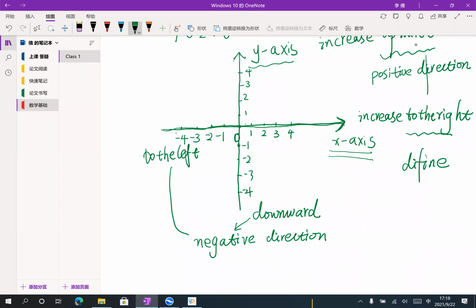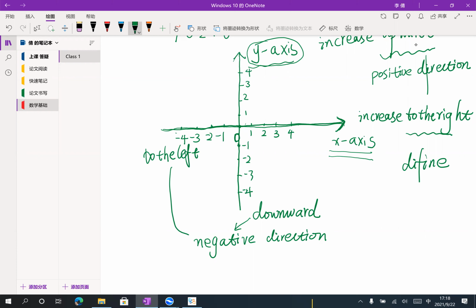Okay, and we draw this vertical line and call it the y-axis, and the numbers on the y-axis increase upward. So the numbers above the 0 are positive numbers, and the numbers below the 0 are negative numbers.